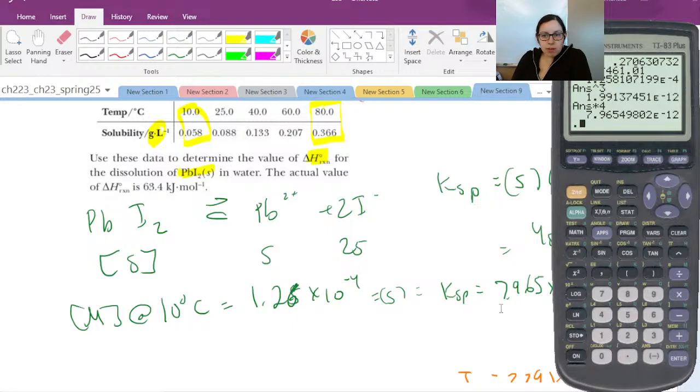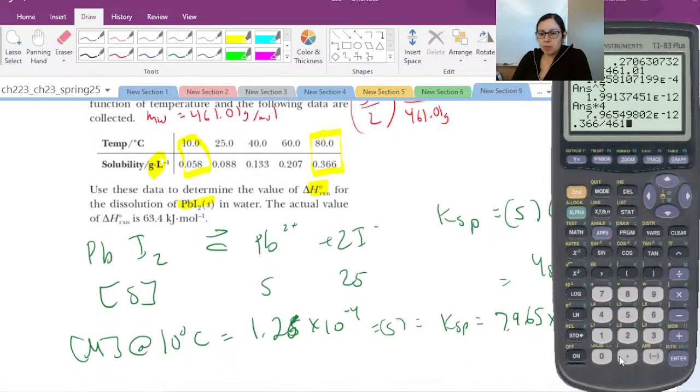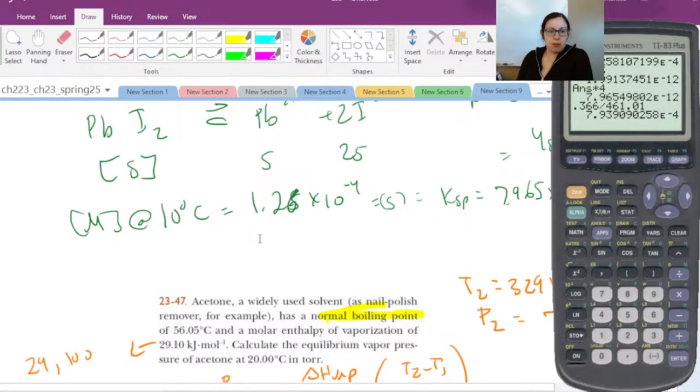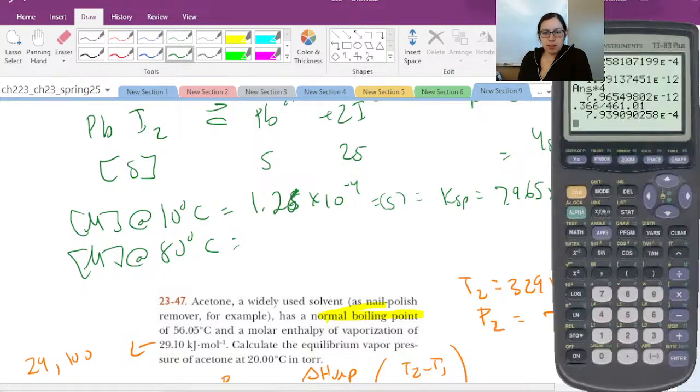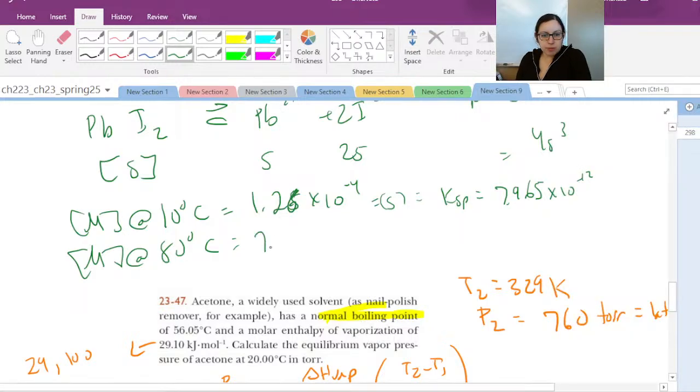And then again, convert to molar solubility. So 0.366 divided by our molecular weight. Just repeating that. And so then new value, so I'll just kind of rewrite that. So molar solubility at 80 degrees Celsius is equal to this 7.94 times 10 to the negative fourth.